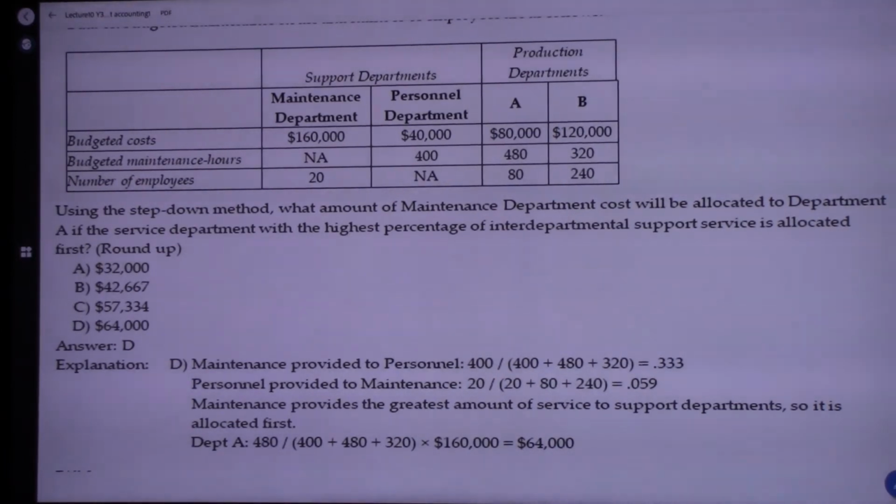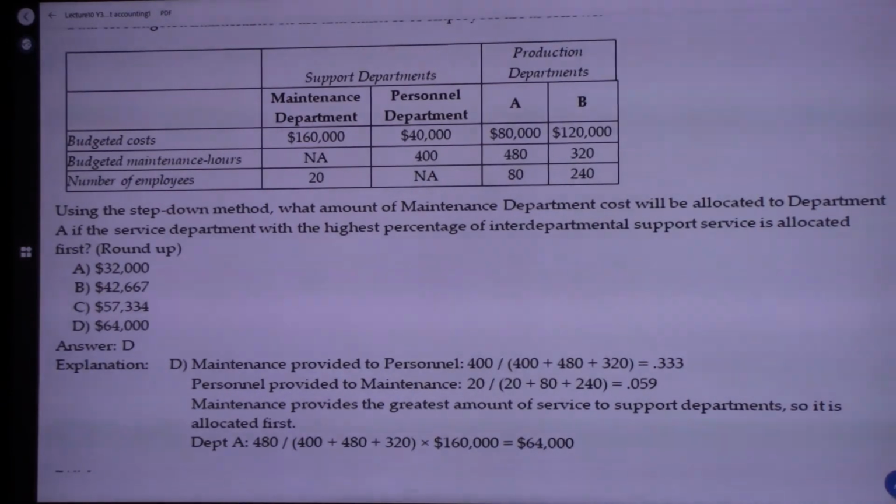The total amount allocated is 20 employees to maintenance, 80 employees to production department A, and 240 to production department B. Calculating 20 over the total allocated amount, I reach about 5.9% allocation percentage. So the maintenance department had 33%, while the personnel department had 5.9%.